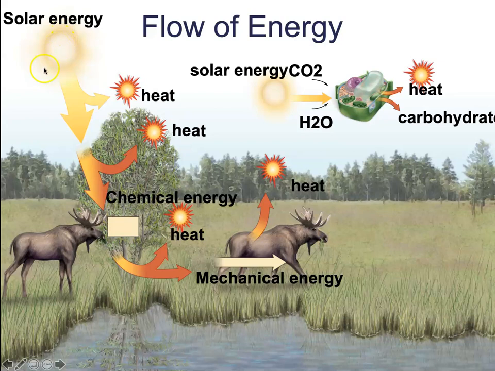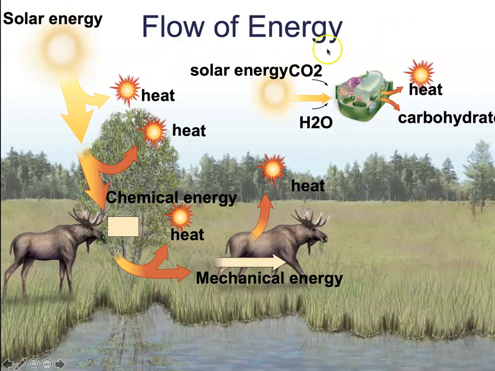When we convert solar energy to chemical energy, a good deal of that is going to be lost in the form of heat. This is pretty obvious when you step outside and you step into the sunlight and it's nice and warm. You step into the shade and it's nice and cool. A lot of that solar energy is being used for heat, and we'll see that happening on a very, very small level.